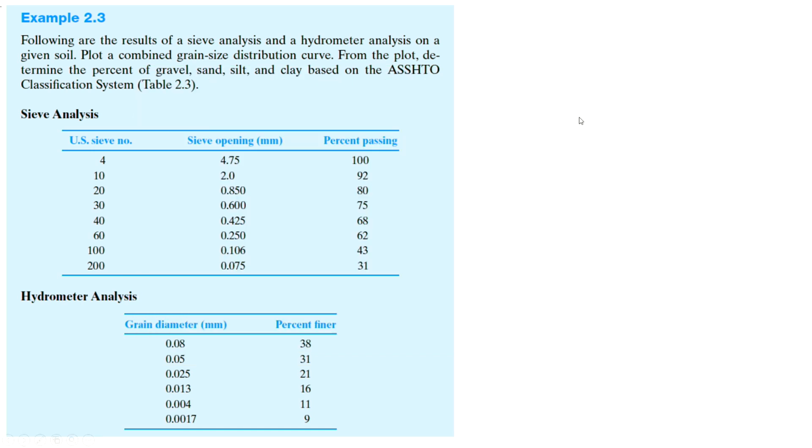Combine these two together. In here, the example gives you the sieve number and the corresponding opening for each sieve, and the grain diameter in the hydrometer analysis. So actually you have the x-axis, and the percent passing. It also gives you this. So it's easy to plot the particle size distribution curve.